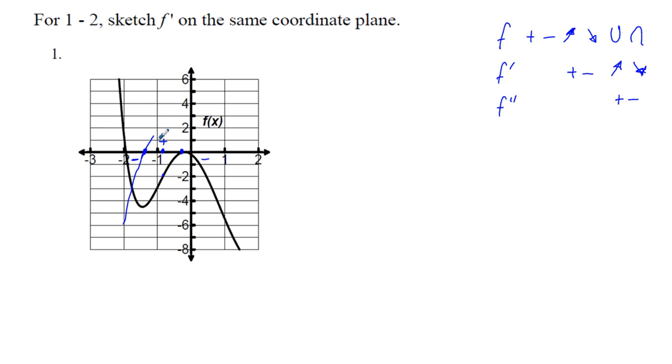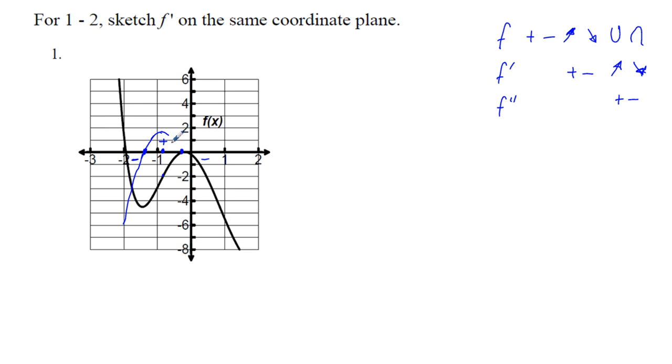And we know we have an inflection point here at around negative 0.8. This inflection point is going to require us to top off here, because f prime is changing from increasing to decreasing, where f is going from concave up to concave down. So that's a good placement right here.